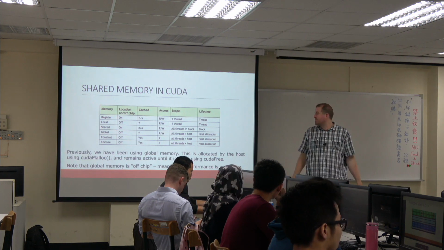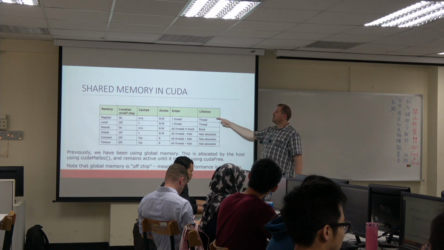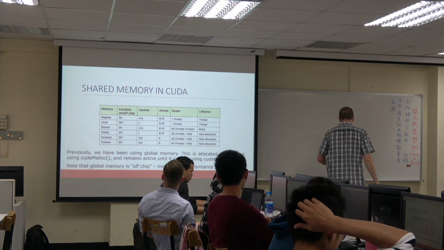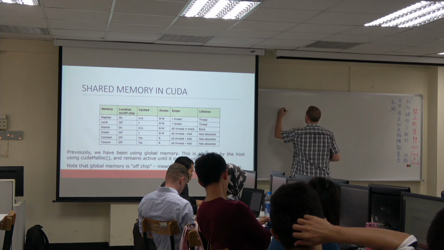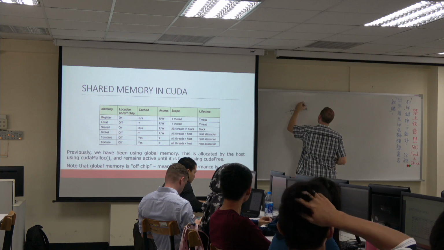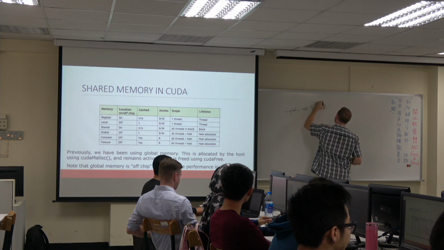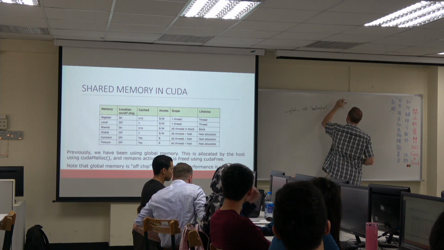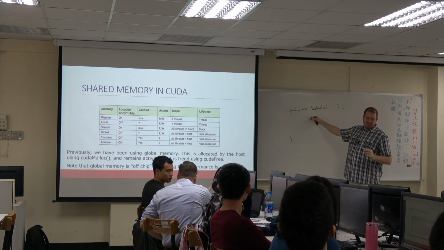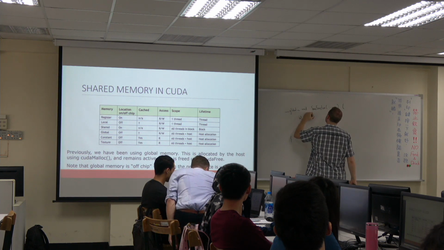So let's have a look. Here are all the different memory types. We've used this before. Register memory, that's on chip. Every time we create a kernel, if we have a kernel, very good, and we say int i equals threadIdx.x.